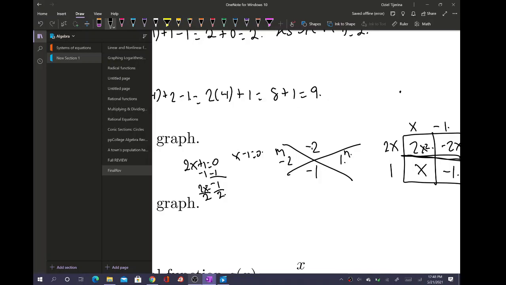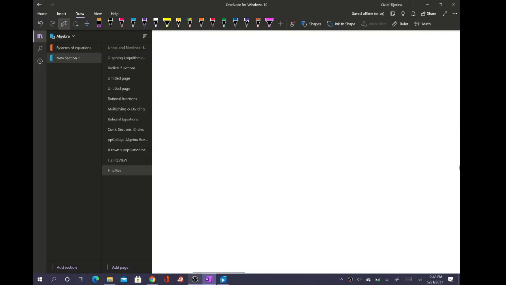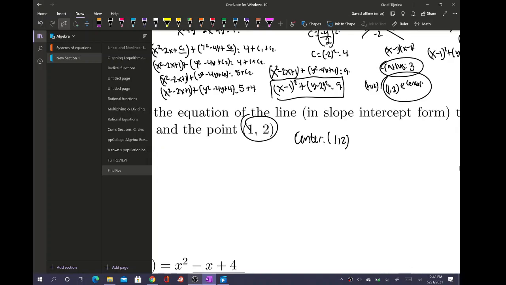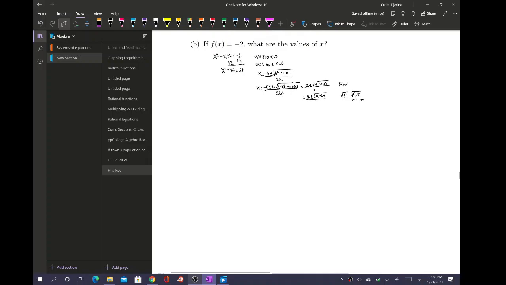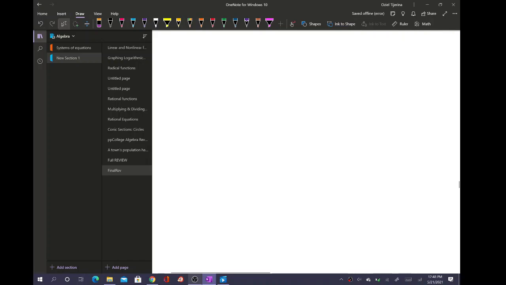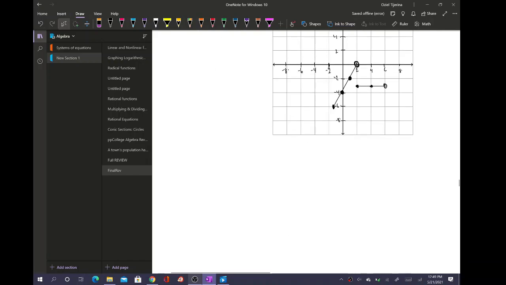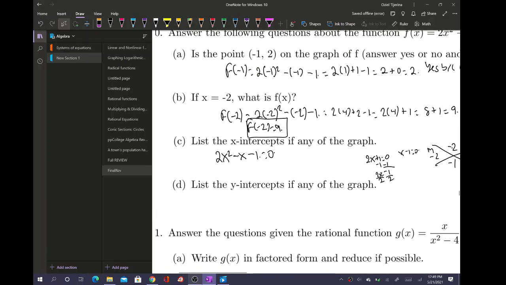Now, one thing I do want to emphasize here is that when it's talking about x-intercepts, it wants the coordinate. I don't really know how your professor or teacher would want it, but an x-intercept is always of the form x comma 0, and a y-intercept is always of the form 0 comma y.